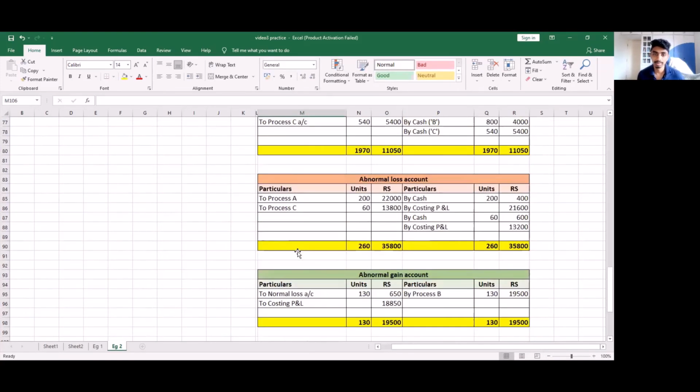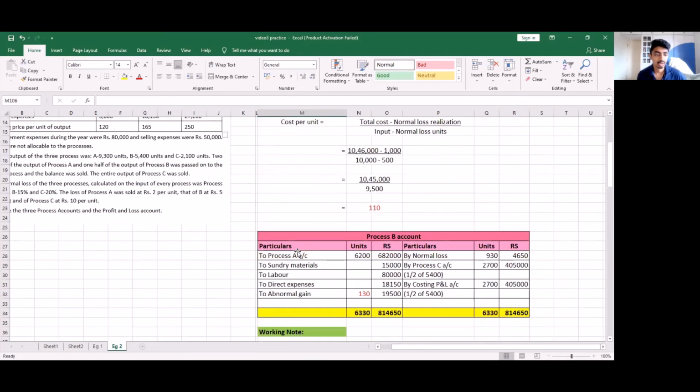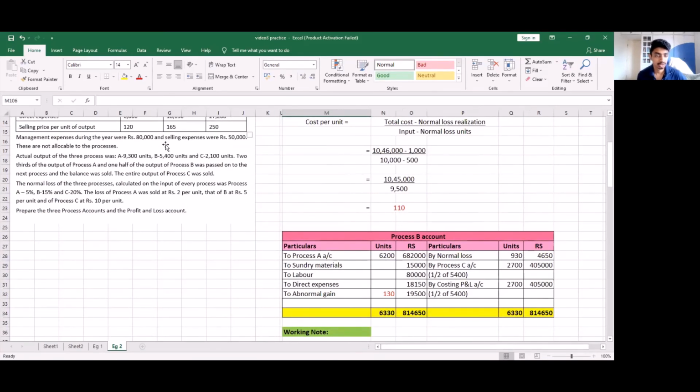Next, if you remember, in our question, it had also mentioned that there is an expense of 80,000 for management and a selling expense of 50,000. And since these were not allocable to the processes, we didn't take them in the process account. These expenses will be shown in our costing profit and loss account.